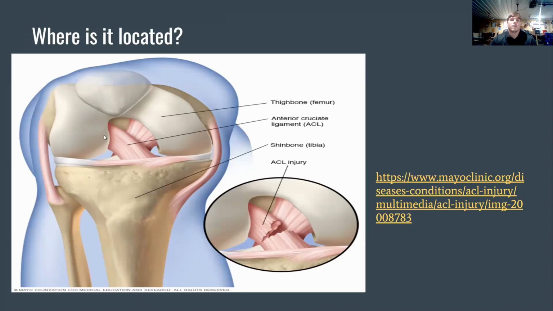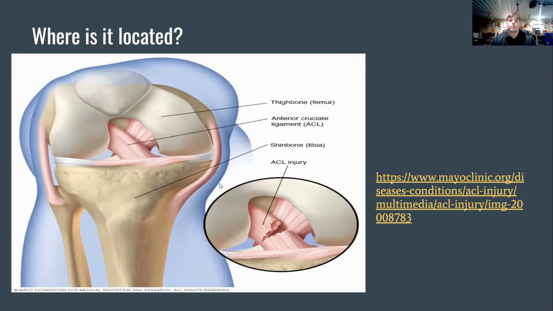As you can tell, it's inside of the knee. So this is the top part, and then there's this little bitty, I'll call it a cubby, where your ACL and your PCL are. And right here is the bottom part of your knee that it connects, and it helps join together and keeps it stable. As you can tell, you can see where it has the ability to keep it stable right there.